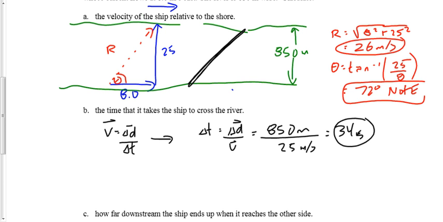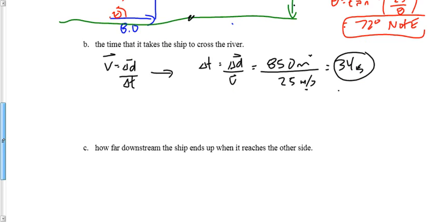Given the angle, given the 850, you could find this. And then say whatever that displacement is divided by 26, it would still give you 34 seconds. But to me, that's a lot of extra work. If we have a displacement already along the y-axis, and we have a velocity along the y-axis, why not just use those? It's going to give us our right answer. And it's less work.